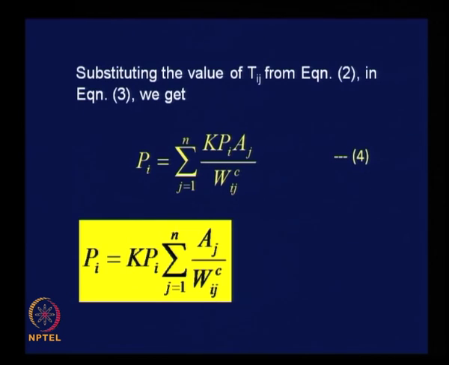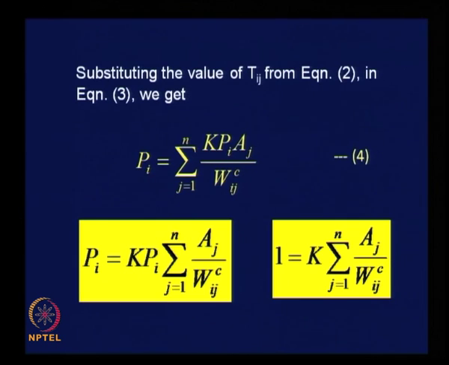Sigma is over j only, and k and Pi will not have any effect as far as the summation is concerned. Take those two quantities outside the sigma sign, and you can write Pi equal to k Pi into sigma j equal to 1 to n Aj by Wij raised to power c, and Pi gets cancelled on both sides, and we get simply 1 equal to k times sigma j equal to 1 to n Aj divided by Wij raised to power c.